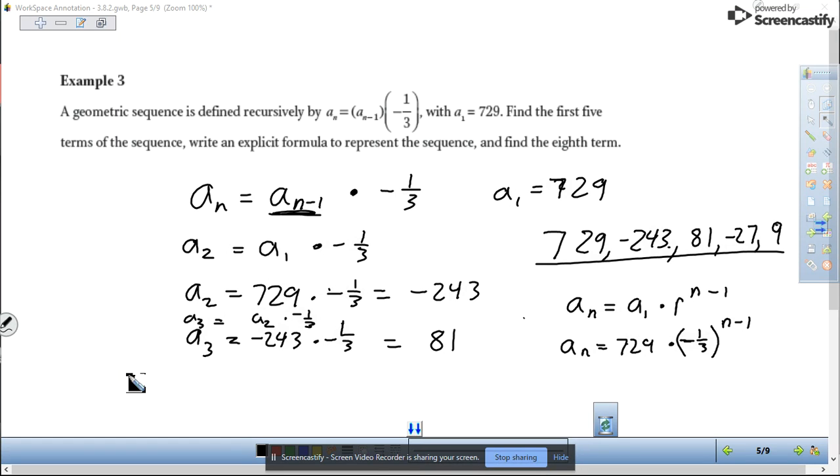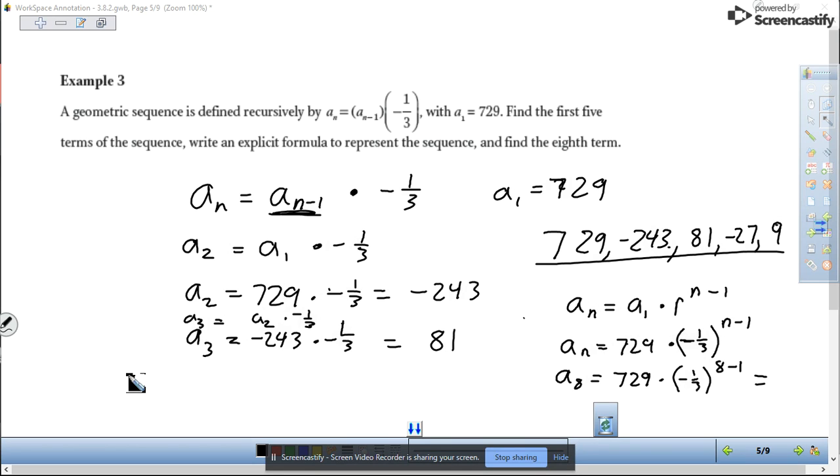Okay? And then from there, if I want the 8th term, you would do 729 times negative 1/3 to the 8 minus 1. And again, you can type that whole thing right there in your calculator. You don't have to simplify it piece by piece. So if I do that, I get, believe it or not, there's actually math that Mr. Reynolds doesn't do in his head.